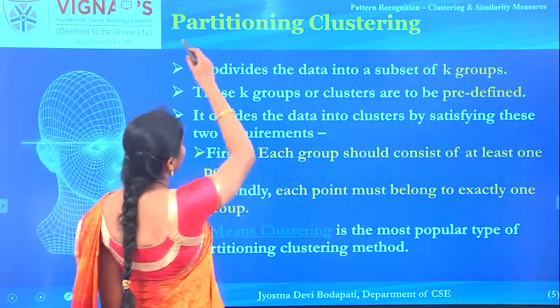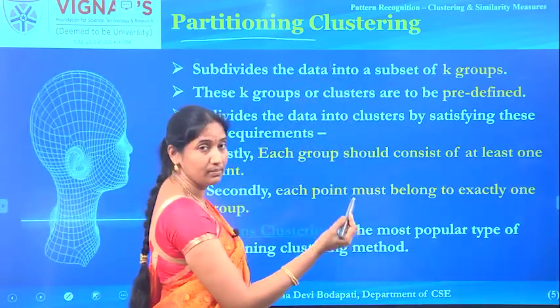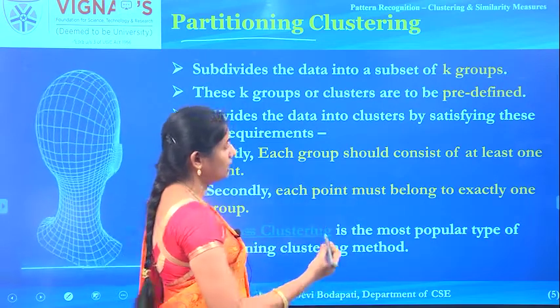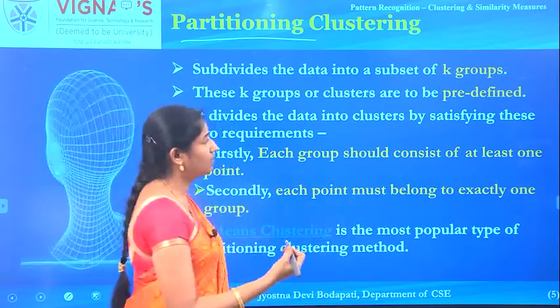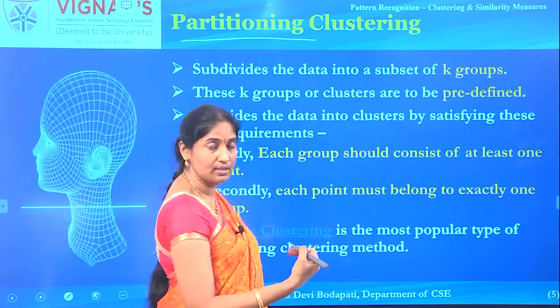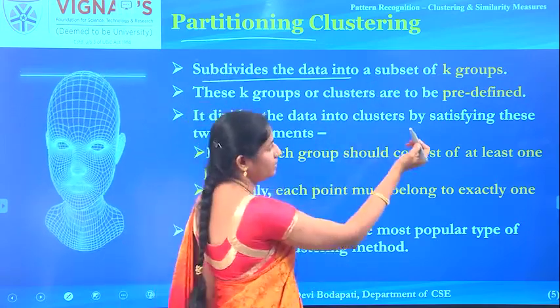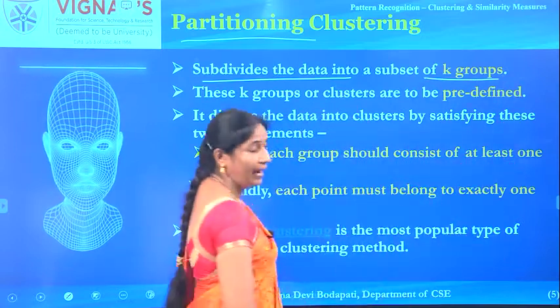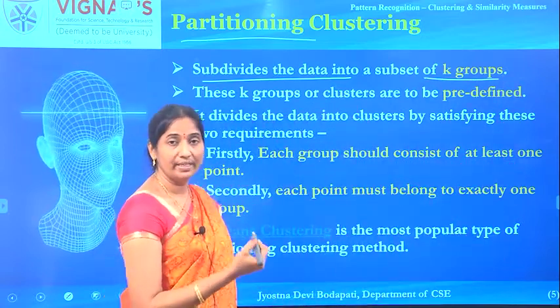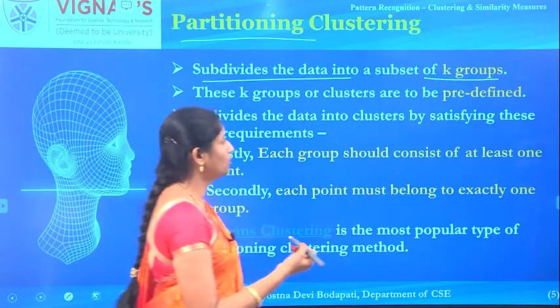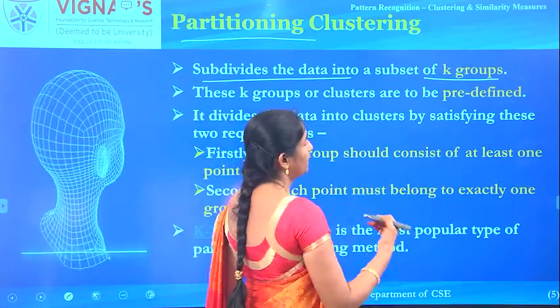Coming to the partitioning clustering algorithms, given the data, you are going to divide this data into K groups, and the user has to provide the K value, which is an unknown value about which the user does not have any idea.